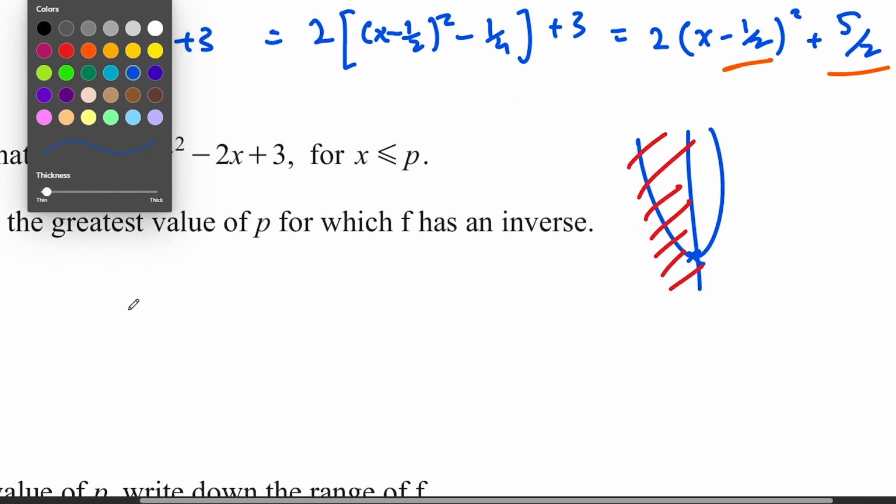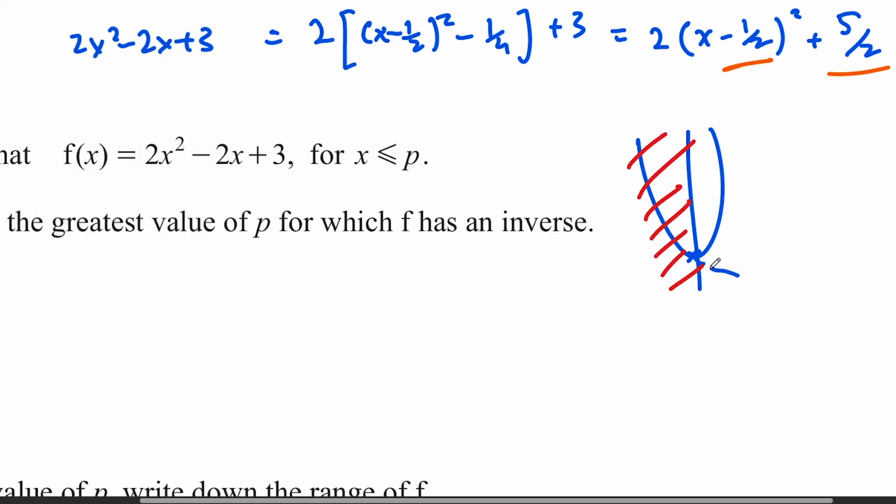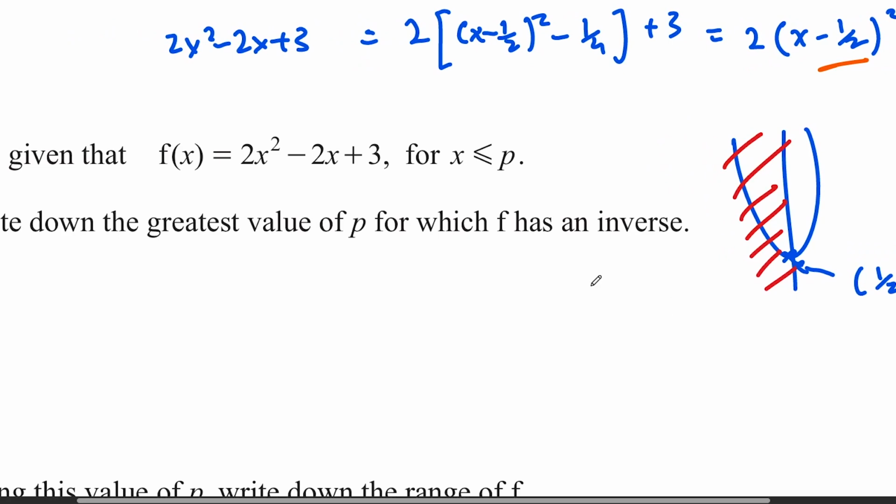So the minimum point for this graph will be half and 5/2. In this case, we're looking for the domain only, so we're just concerned about the x value. So the greatest value of p for which f has an inverse is half.